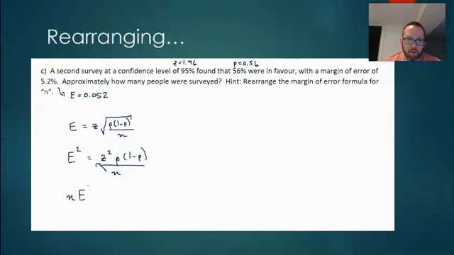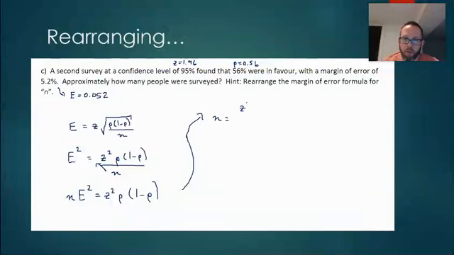N times E squared equals Z squared times P times 1 minus P. And then you guys have a formula that you can use. The number of people is the Z-score squared times our proportion times 1 minus our proportion divided by the margin of error squared. Let's try it for this one.